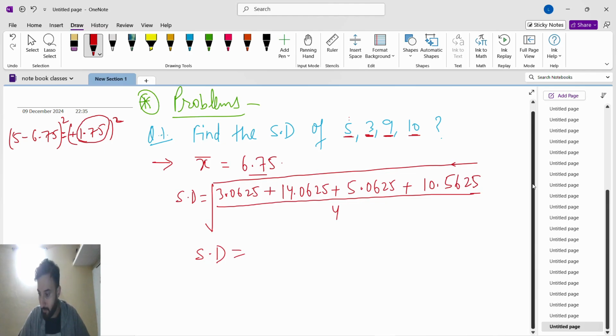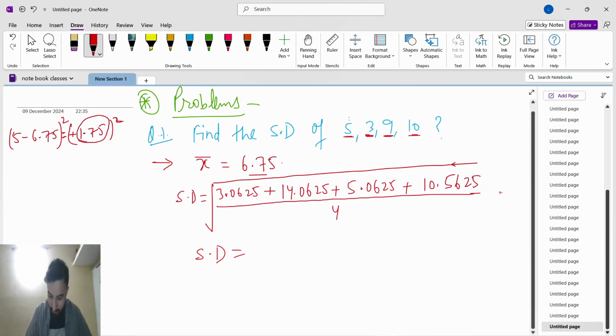What we are going to do is add all these values. After adding all these values, whatever you are getting, we divide by 4. Whatever you get, we will do the square root. So in one step only you will get the answer. So let's do it.